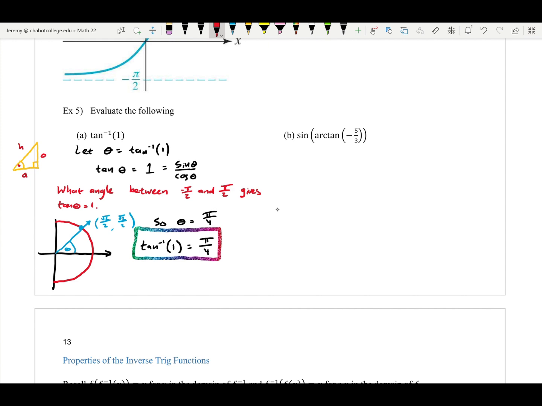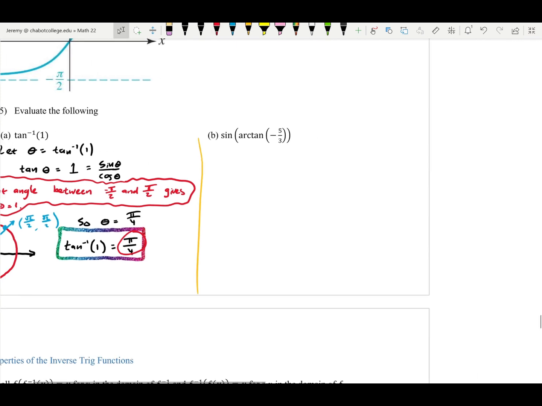Well, that would just mean that these two sides are congruent. This would be an isosceles right triangle. This is a 45, 45, 90 triangle. So you could have come up with it that way as well. You know, 45 degrees being the same as pi over 4. So just another approach to that same problem. But I hope you see this is very much the same kind of procedure that we are doing when working with sine inverse and cosine inverse.